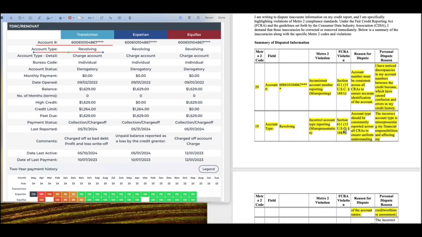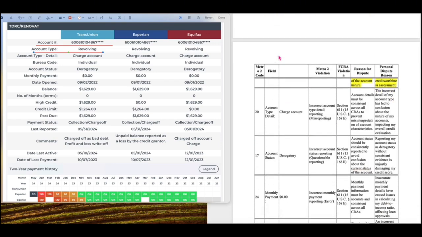And again, we're using section 611, 15 USC 1681i as the Fair Credit Reporting Act violation on this one. Account type should be consistently reported across all CRAs to ensure information understanding. And here's my personal reason: the incorrect account type is misreporting my financial responsibilities.